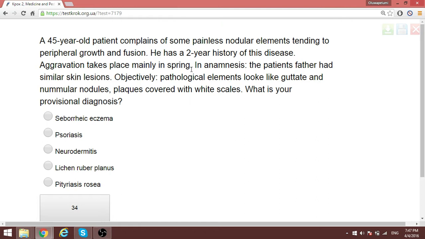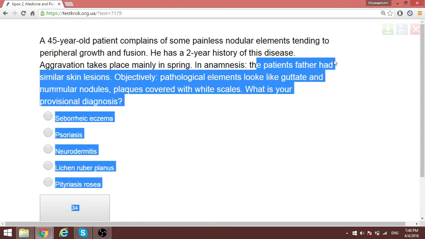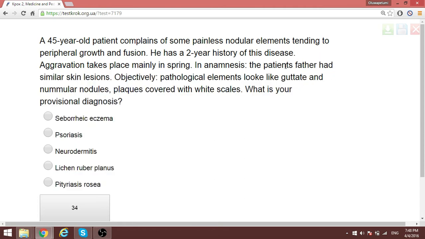Alright, we have a patient whose skin disorder is associated with spring or with seasonal changes, and we have peripheral growth and fusion, with a 2-year history of disease. The patient's father had the same or similar skin lesions, so this is a genetic, hereditary kind of disorder.